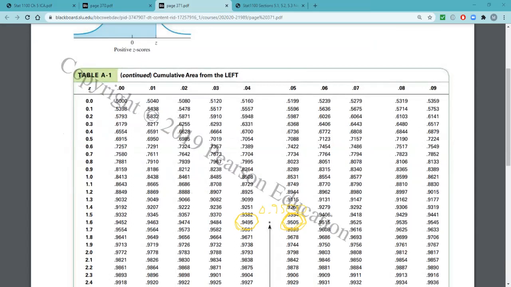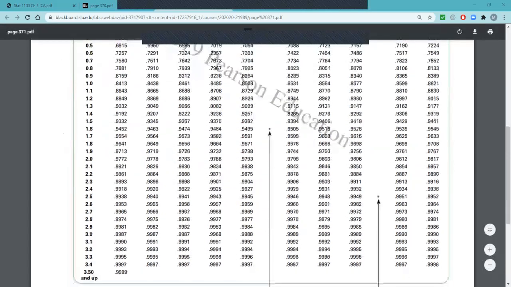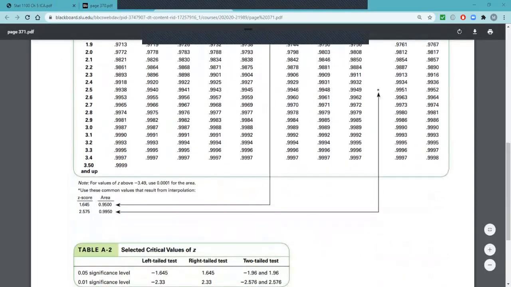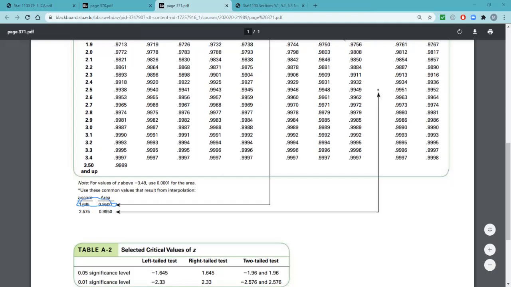Okay, so I do see an asterisk here. I'm going to go ahead and scroll down and see what that's telling us. So now I can see that right in between those two, I have an area of 0.9500. And it's saying when I have that much area to the left, I have a z-score of 1.645.